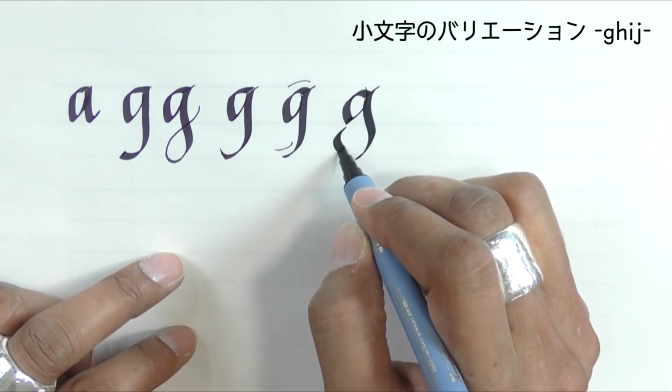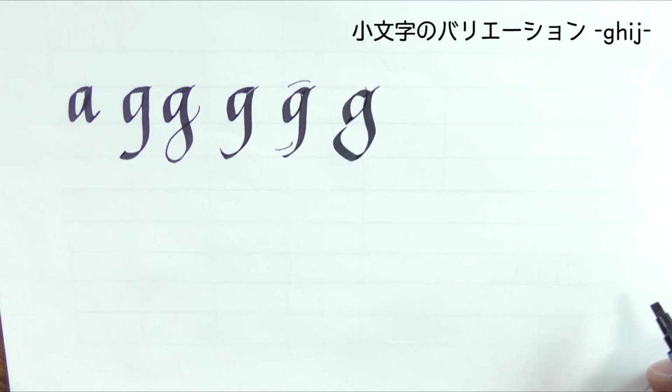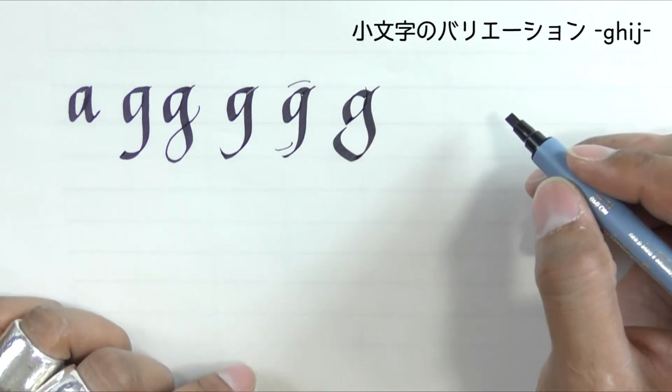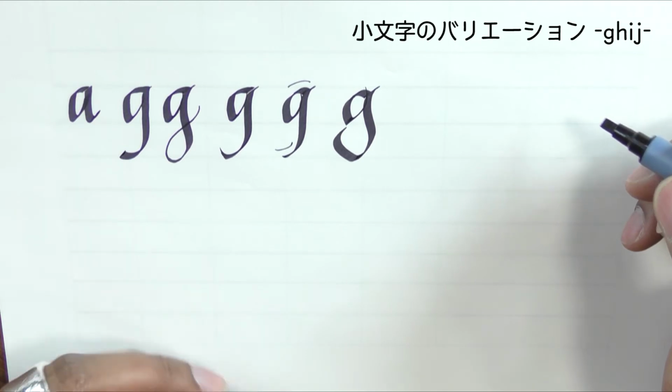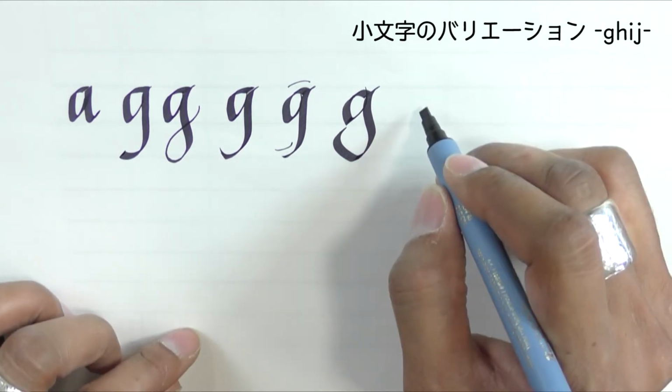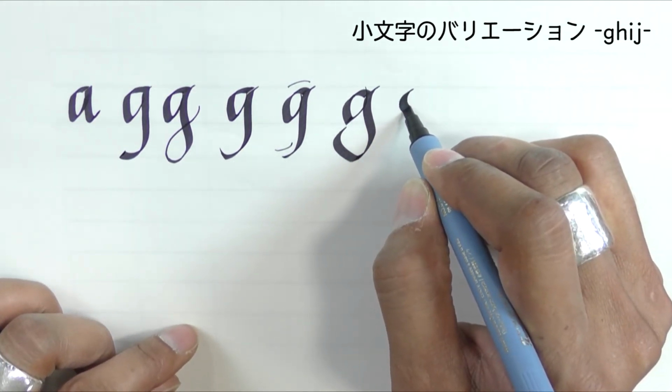You can also connect the G to itself, like so, giving it a slightly more gothicized look. And of course, because Western letter forms have a really rich history of calligraphy, we can draw from some of its historical counterparts, like the Humanist minuscule, which predates this version of the Cancelleresque or italic script, and that looks like this.